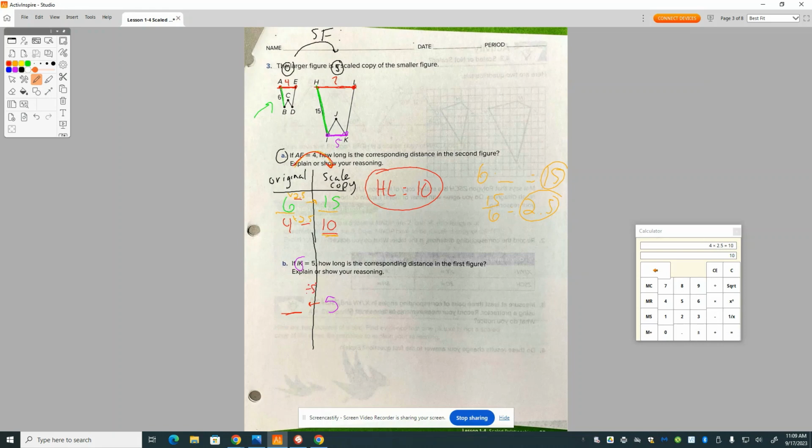It would be dividing by 2.5. So taking that 5 and dividing it by 2.5, I would end up with a value of 2. So I know that its corresponding distance, BD, would be a value of 2. Now let me clean that up because it looked a little bit messy.